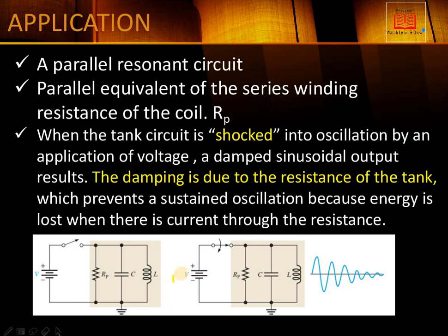When the sinusoidal input is connected, the output, due to damping, results in attenuation and degradation of the signal until it reaches 0, and this is why the communication is seriously damaged. This is because of the internal resistance of the tank, which prevents sustained oscillation, because energy is lost when there is current through the resistance.